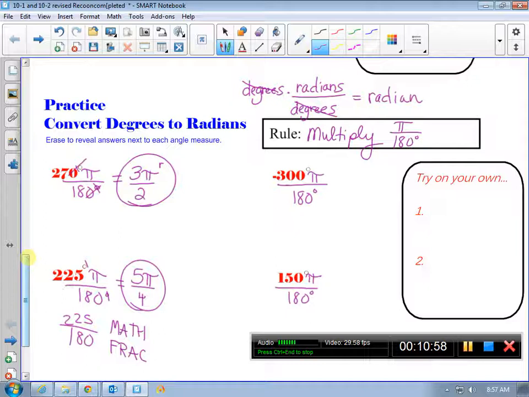Negative 300 degrees. Let's see, we can divide by 10, and 6 goes into both of those. So negative 300 degrees is the same as negative 5 pi over 3.